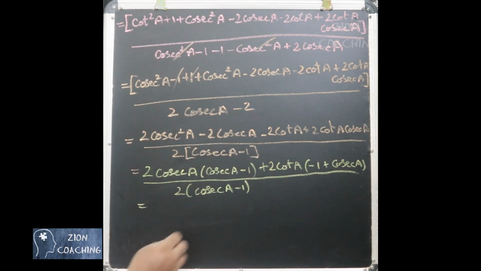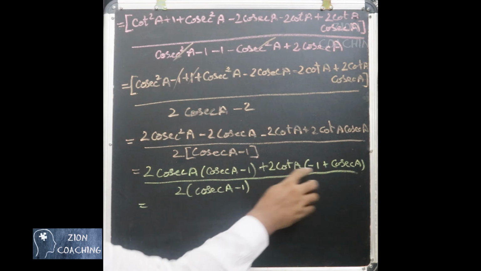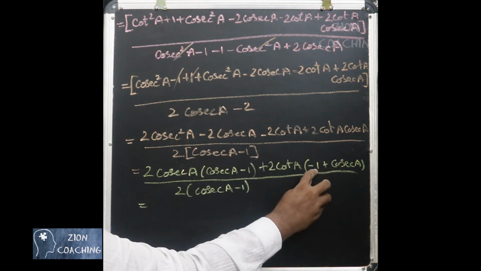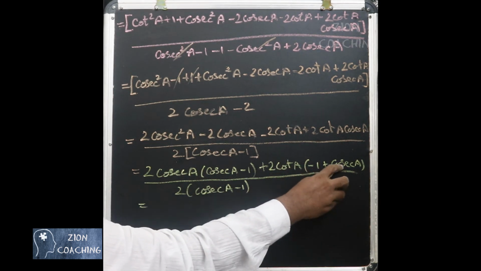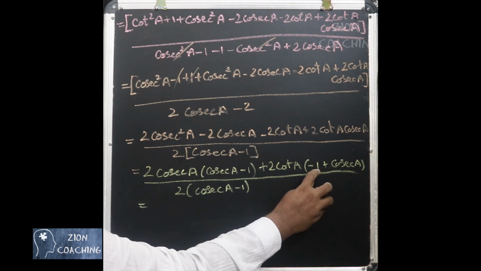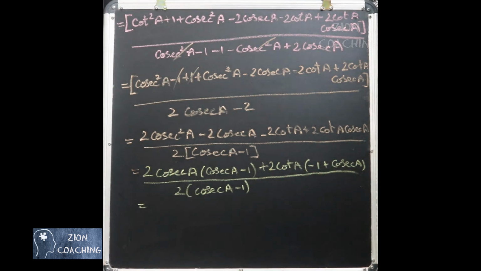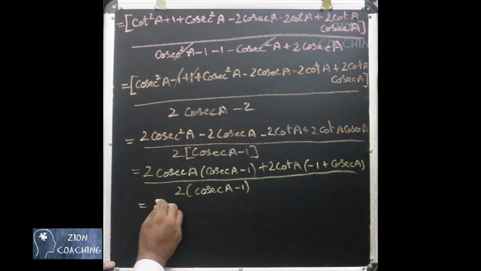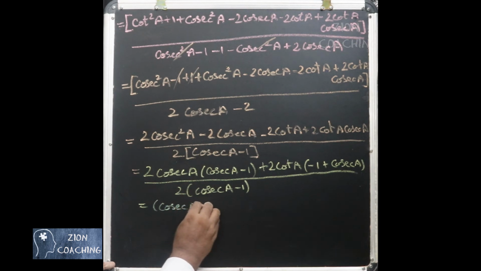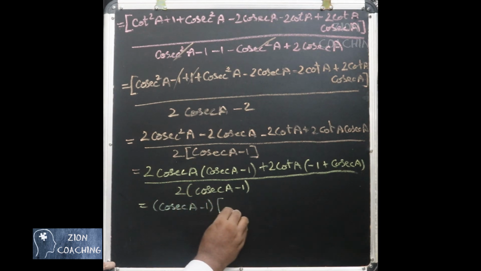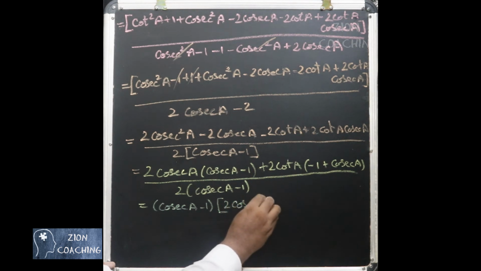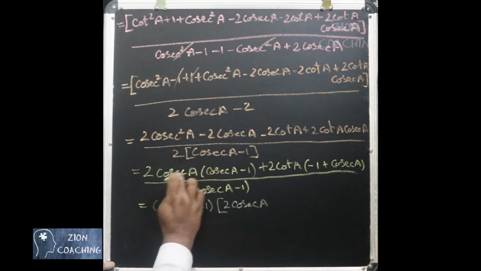Now you can see that cosecant A minus 1, this is also cosecant A minus 1. Minus 1 plus cosecant A or cosecant A minus 1, both are same. So that cosecant A minus 1 can be commonly taken out. Cosecant A minus 1 into 2 cosecant A. 2 is also common.